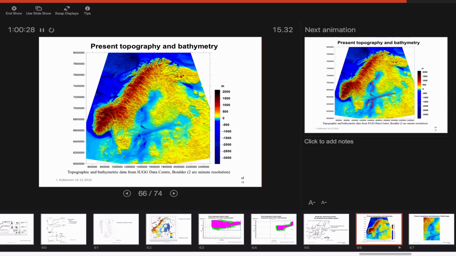There are a lot of transport directions from the mountains to the Baltic Sea. Here, the topography in Finland, the texture is mostly due to glacial landforms produced by glacial Quaternary deposits. But in the north, part of the higher topography is related to the uplift in the last, say, 50 million years.